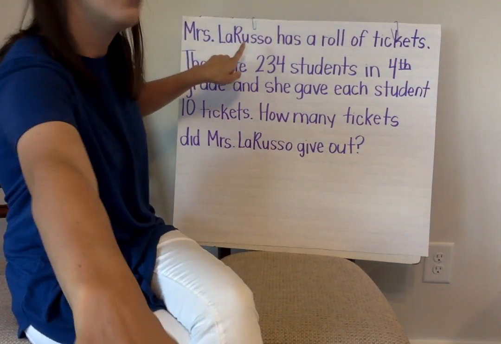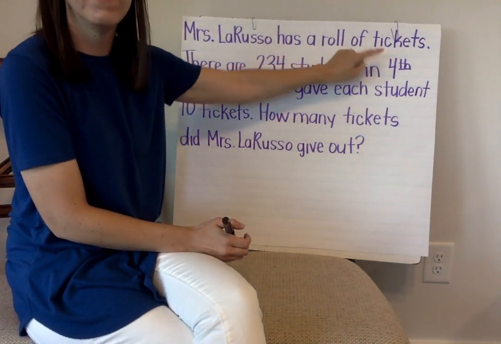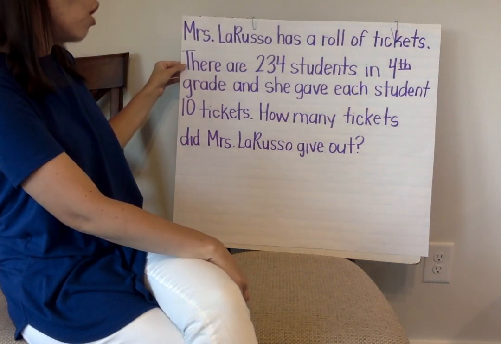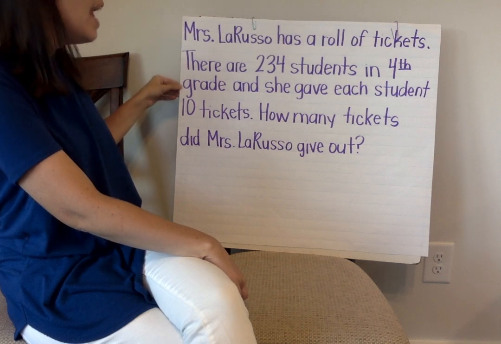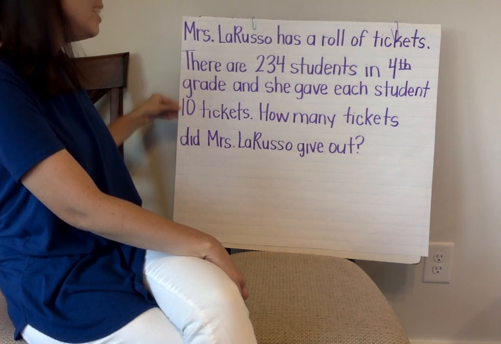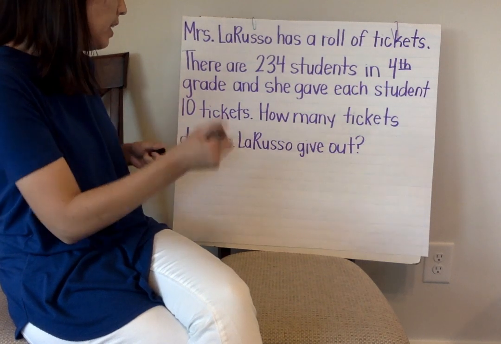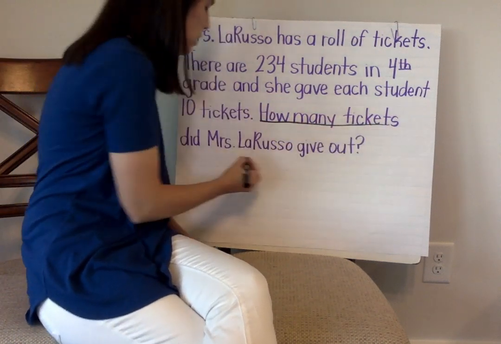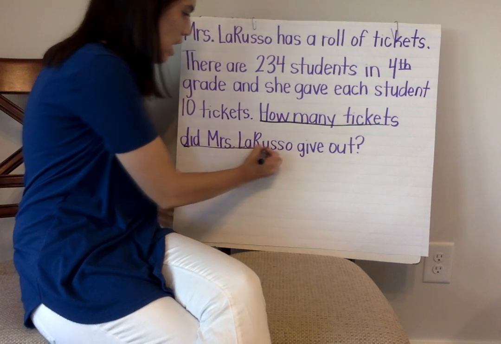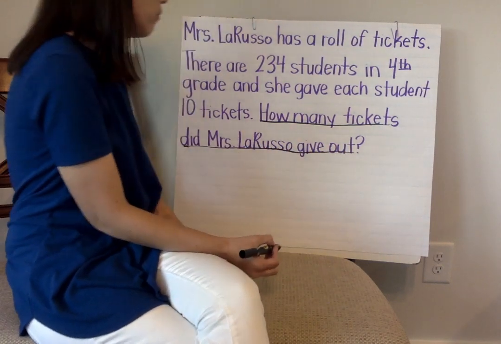Mrs. LaRusso has a roll of tickets. There are 234 students in 4th grade, and she gives each student 10 tickets. How many tickets did Miss LaRusso give out? Well, the first thing I'm going to do here is underline my question. How many tickets did Miss LaRusso give out?